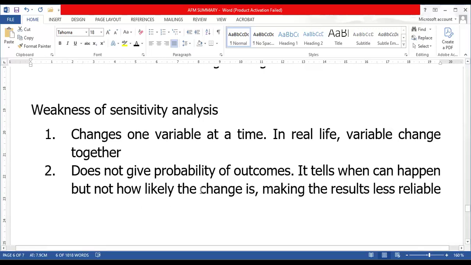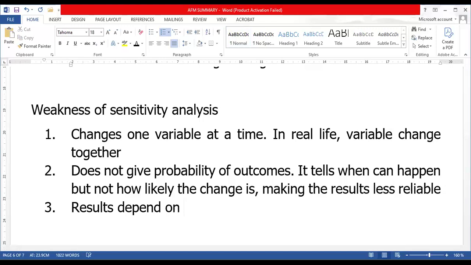Okay, then next, what else? The results depend on the quality of the assumptions. Because here, if your assumptions are not okay, how can I phrase it?